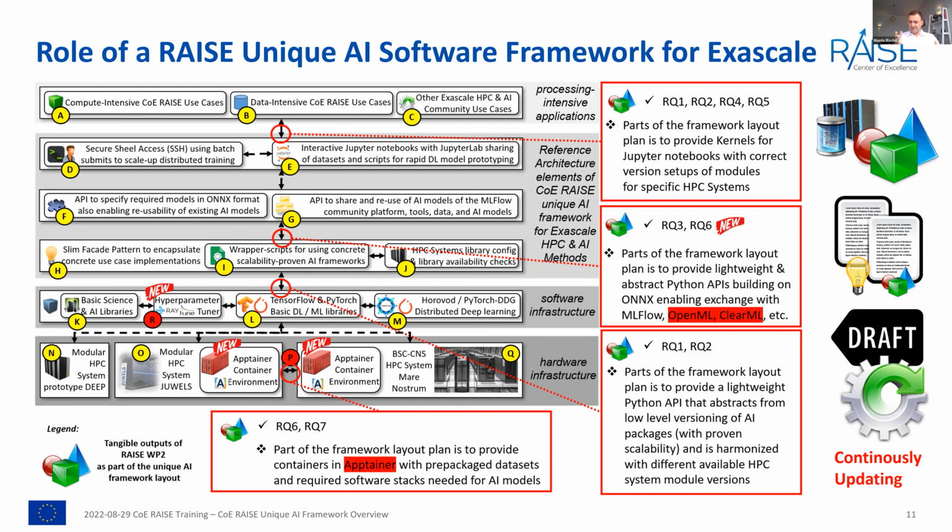So this is another aspect of the framework design, which ticks the boxes of different areas, which we basically have seen also on a slightly different level than the Jupyter notebook.